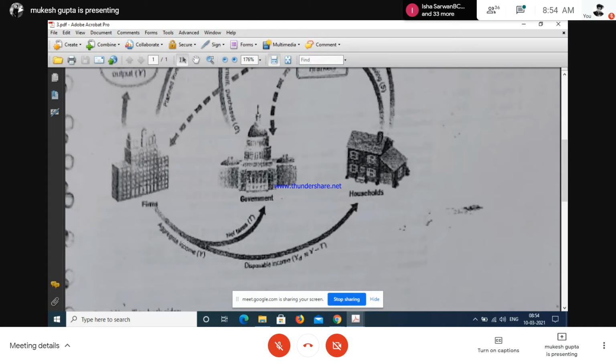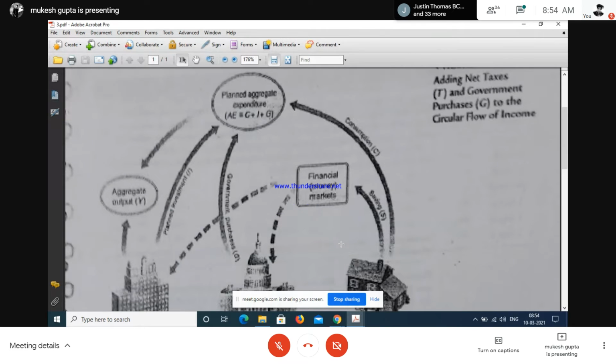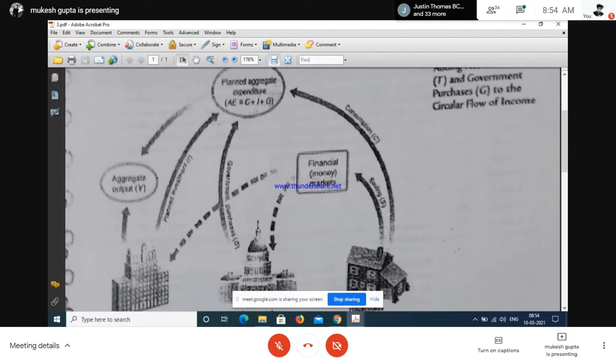Out of the aggregate income, net tax goes to the government, so disposable income to the household is Y minus T. The household spends this disposable income on consumption expenditure C, and the rest is saved. This saving goes through the financial market, the banks, to the firm for investment, which is the planned investment by the firm.